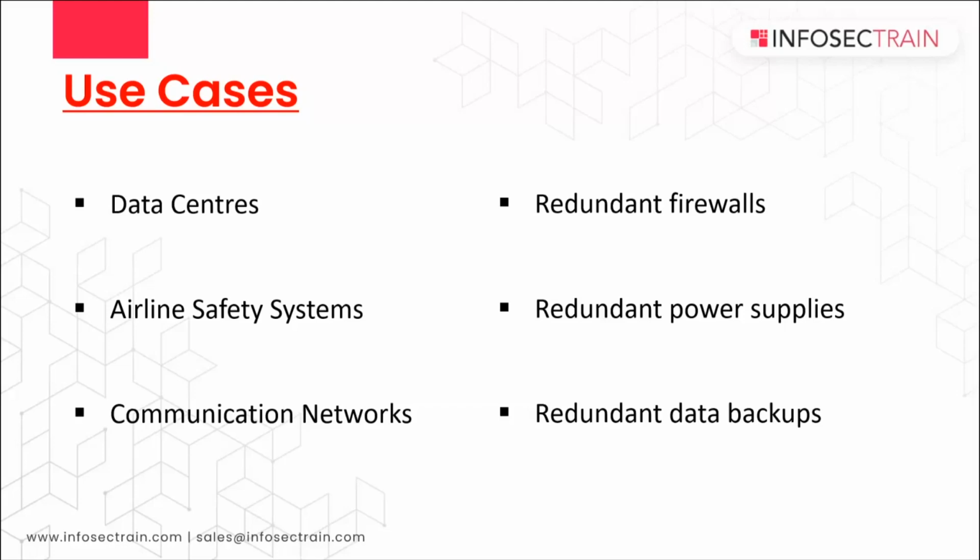This can help ensure that critical data can be restored quickly in the event of a disaster or cyber attack, reducing the risk of data loss and ensuring that business operations can continue.